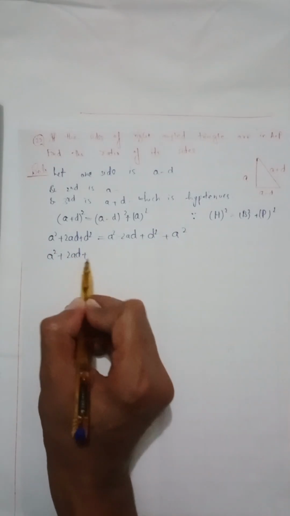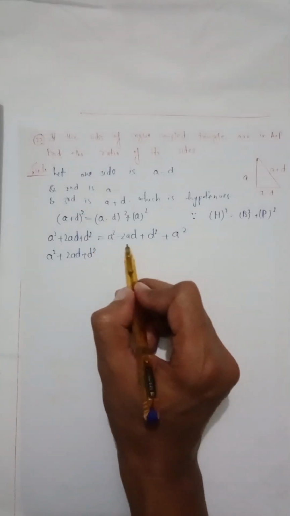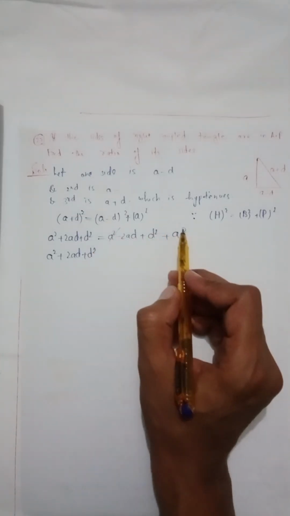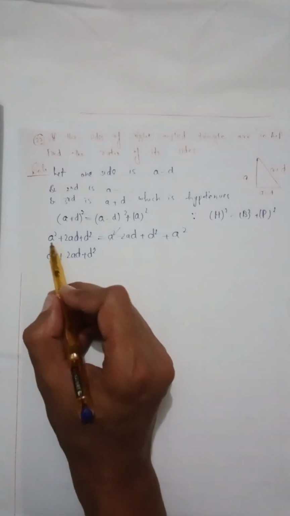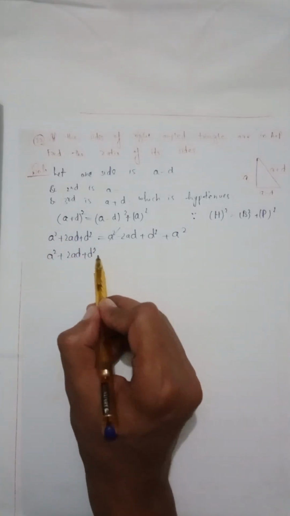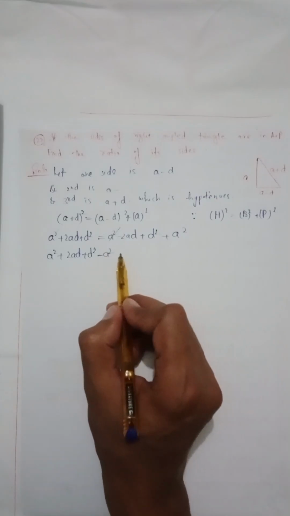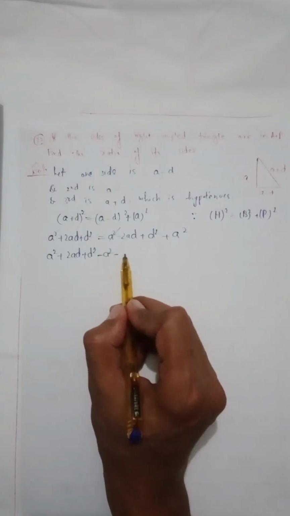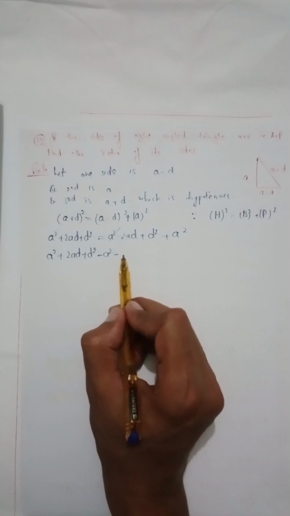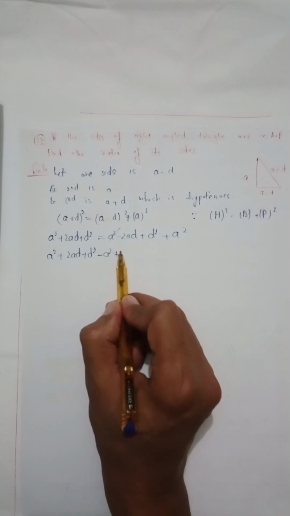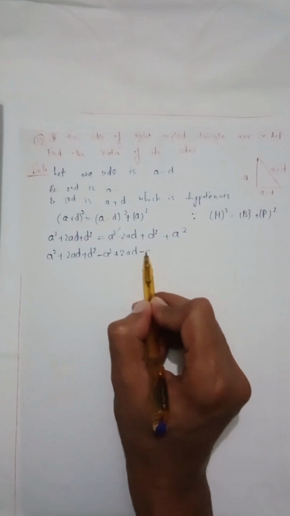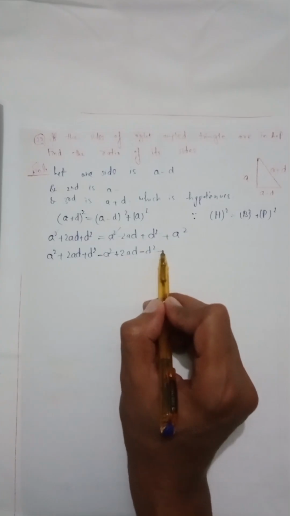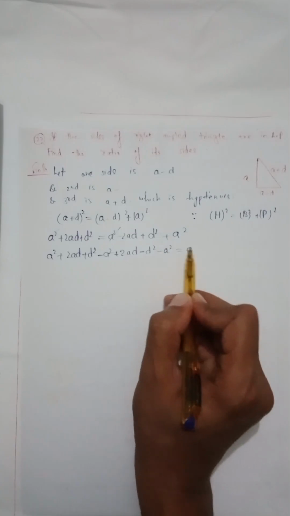Taking to this side, a square minus 2ad minus d square minus a square plus 2ad plus d square equals 0.